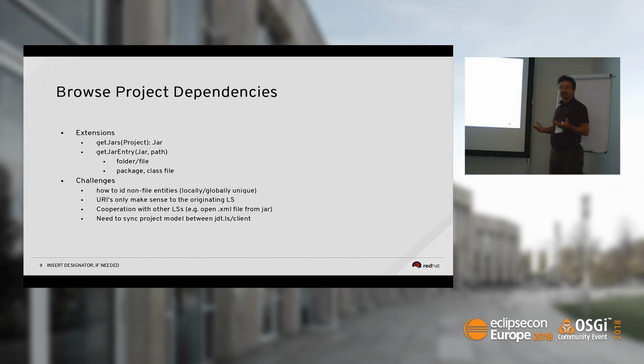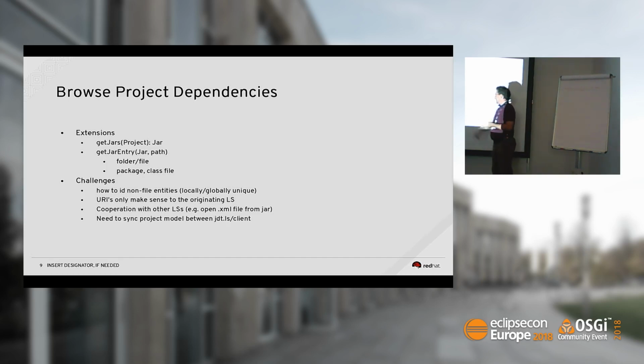We could also, for example, just get the file structure in the jar and do something like a file system, but it's not what we chose to do. And again, the challenge here is, as I talked about, how to ID non-file entities, which may be in jars, which may be folders, things like that. And we have to make sure that we never pass the URIs to somewhere else than the JDT LS, because they're probably going to just explode if you give them a thing like we saw on the slide before.